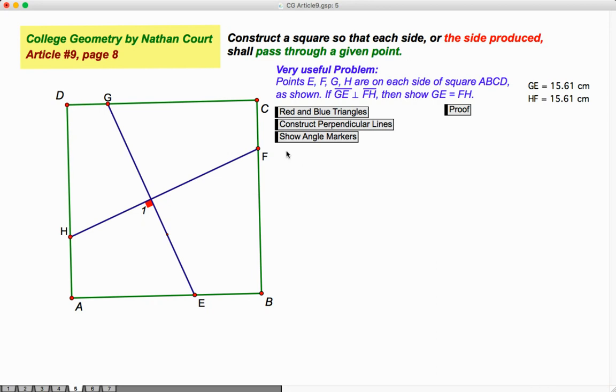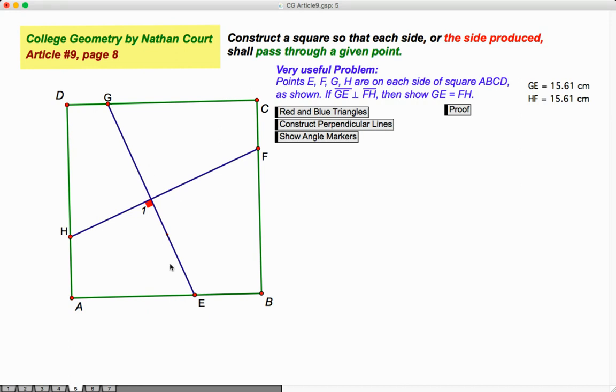That is, if we are given square ABCD, and we have two segments on the square such that point E is on AB, point F is on CB, point G is on CD, and H is on AD.